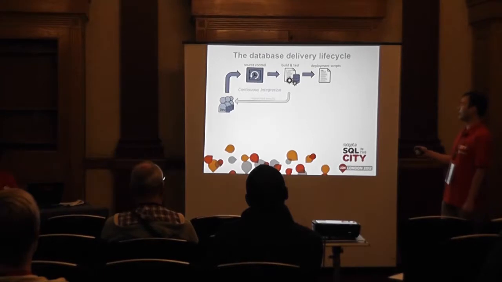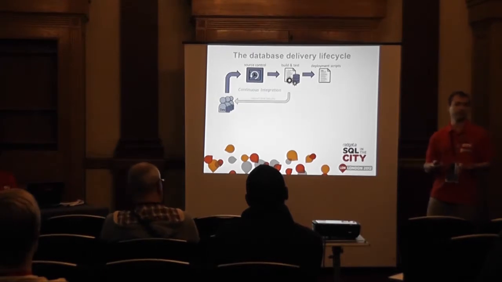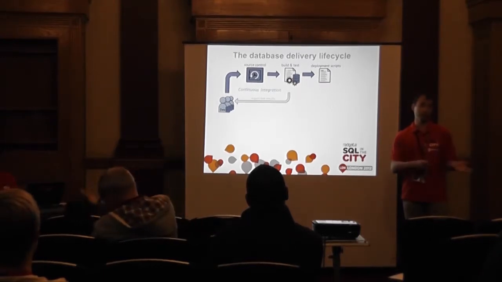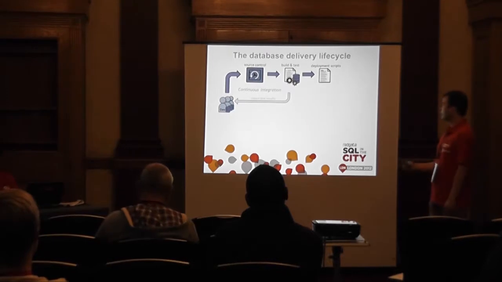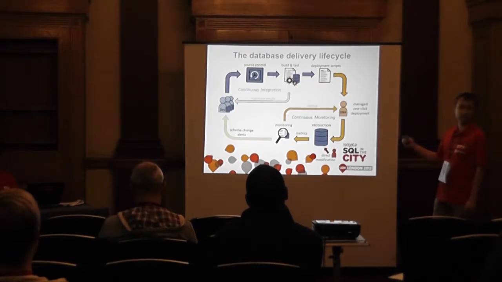As we go along, we're going to produce some artifacts. A deployment script is an obvious artifact of database continuous integration. You want to generate scripts that you can then run on your database that will upgrade your database, for example, to the next version.